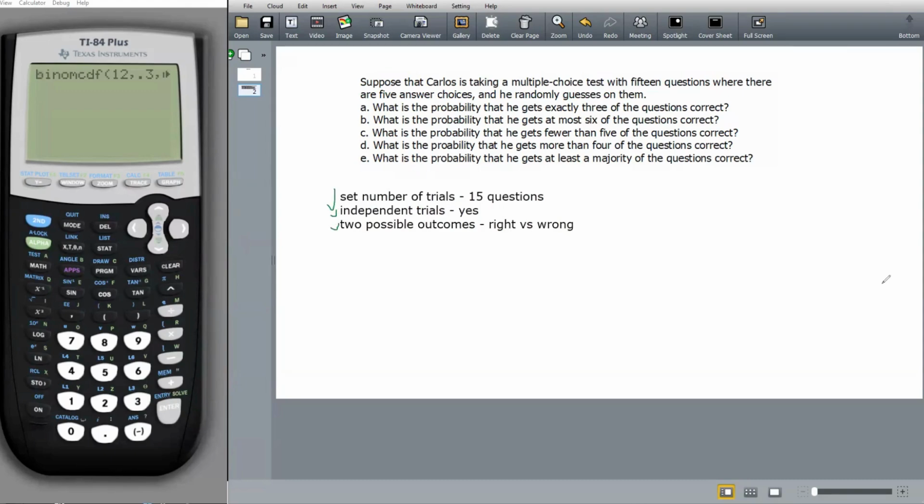Now I can identify my N, my P, and my X for each of my probabilities. For part A, it asks, what is the probability that he gets exactly 3 of the questions correct?